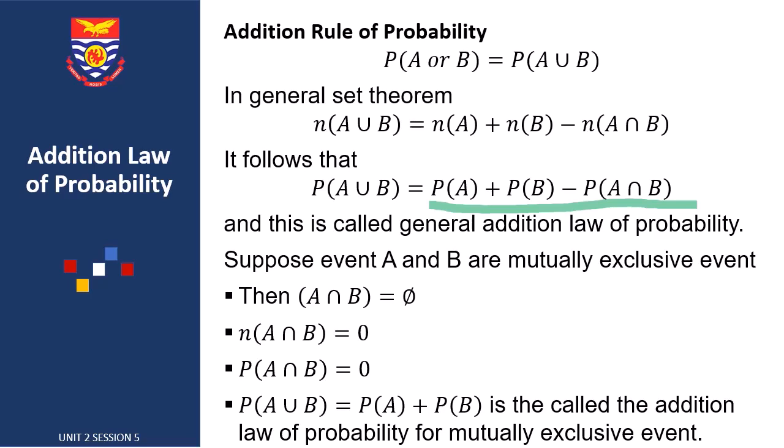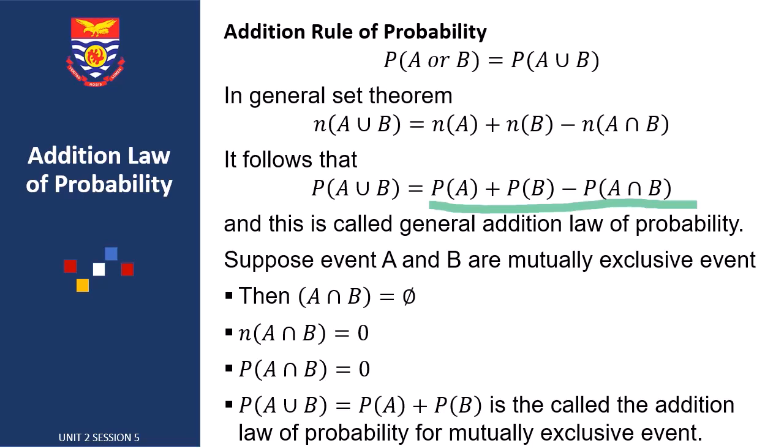So suppose events A and B are mutually exclusive events. Then A intersection B will be an empty set because the two events cannot happen together. The occurrence of one prevents the occurrence of the other.